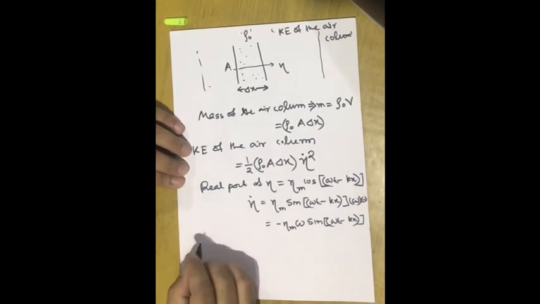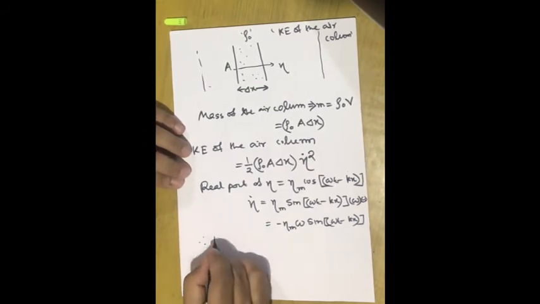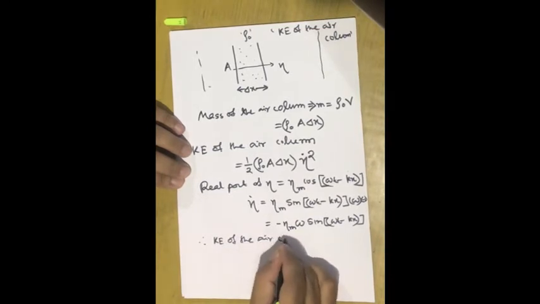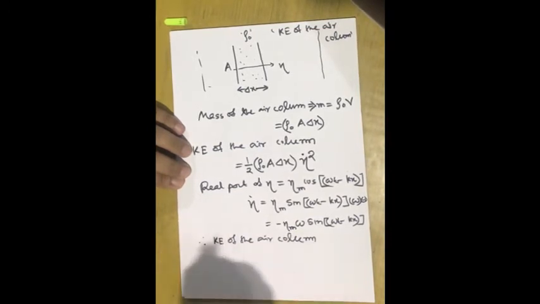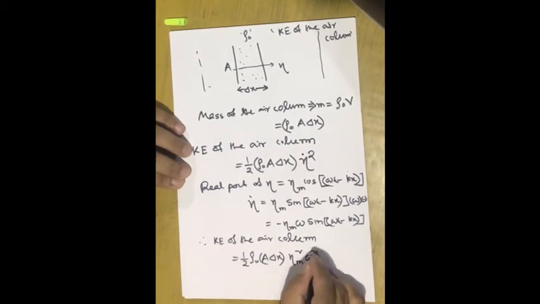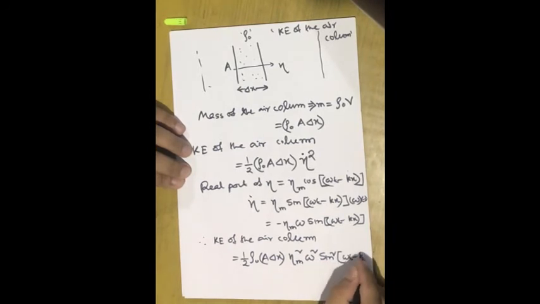Therefore, the kinetic energy of this air column will be half rho naught A into delta x, that is the volume, into eta m square omega square sine square(omega t minus kx).